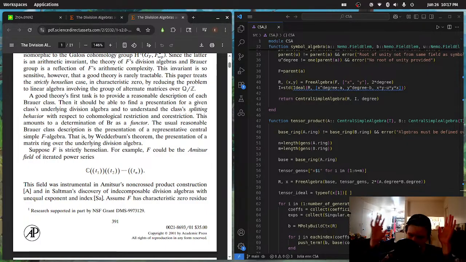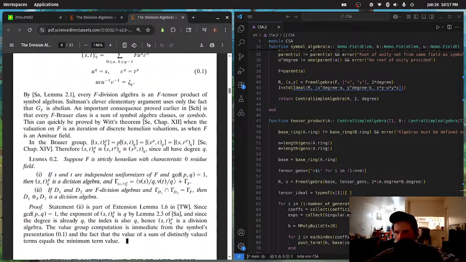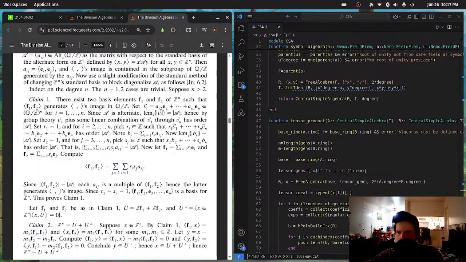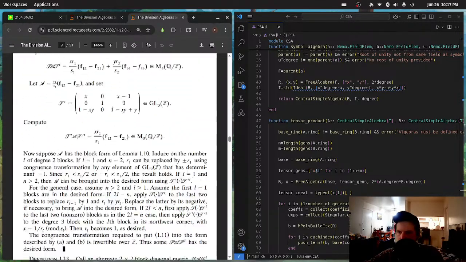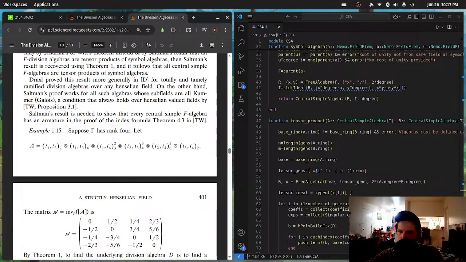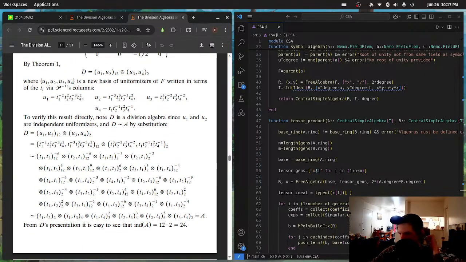And the goal is to take our central symbol algebra and decompose it into symbol algebras, which seemingly there's an approach to doing in here. Once we have those symbol algebras, we try to implement the rest of this in order to compute the period and index.